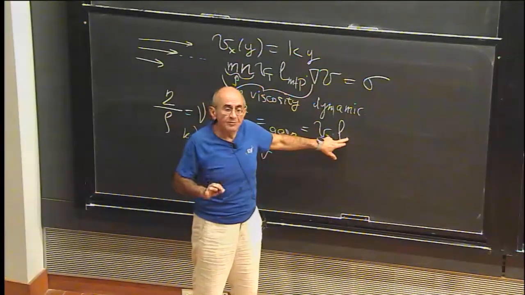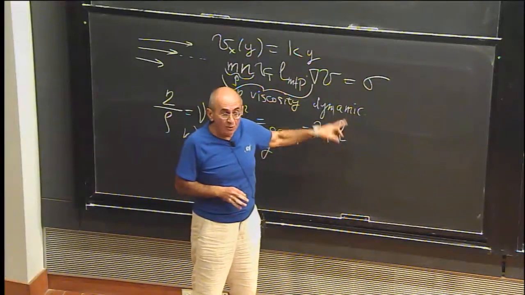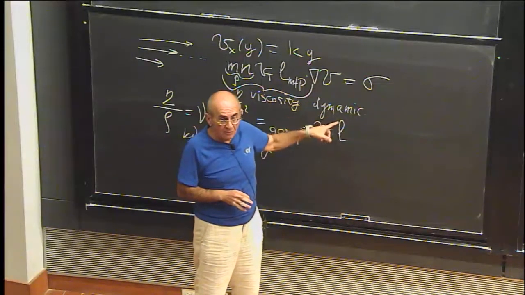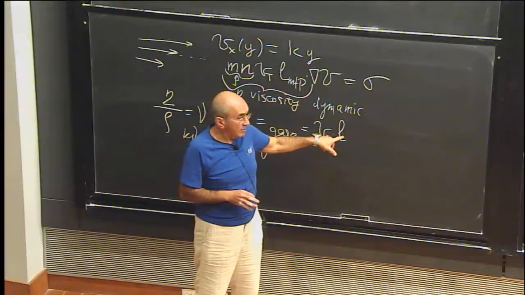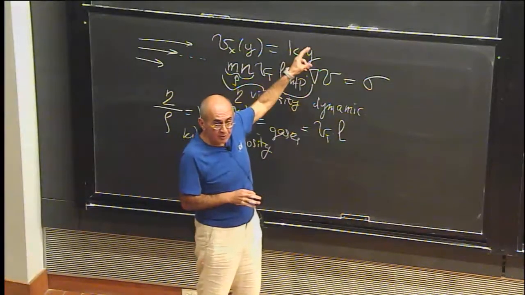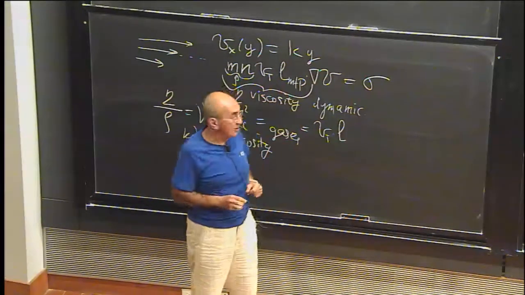It could be the mean free path of any scattering which conserves momentum, because this comes out of momentum-conserving interaction. Molecules just bring momentum from one place to another. They don't lose it.